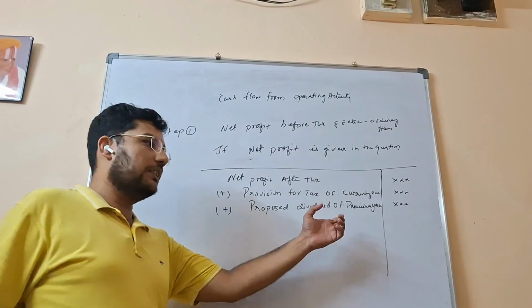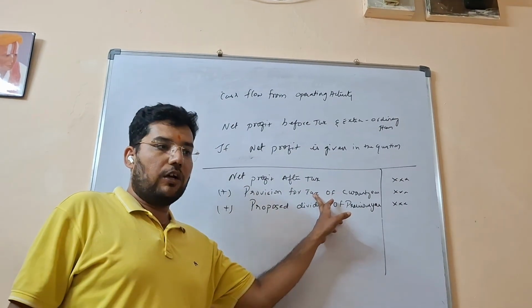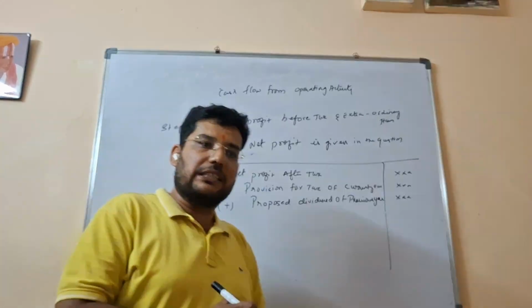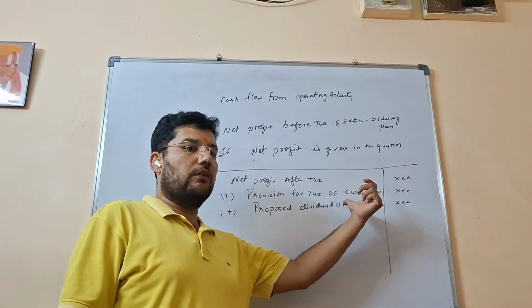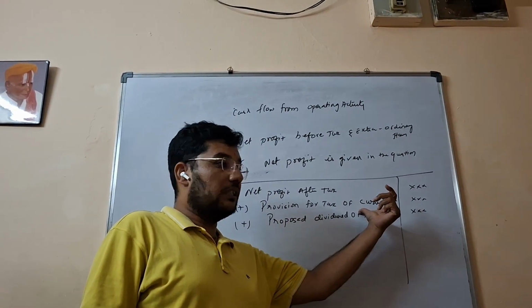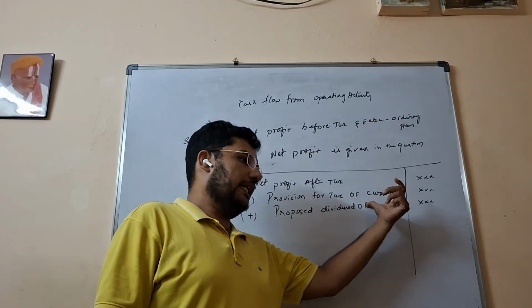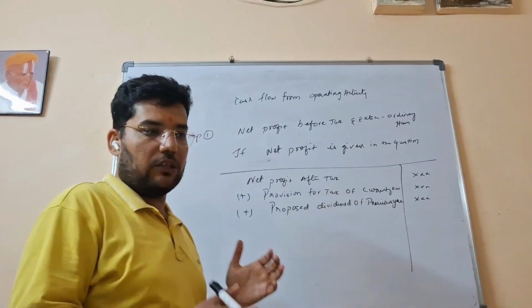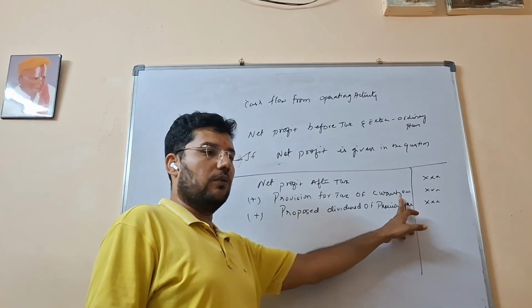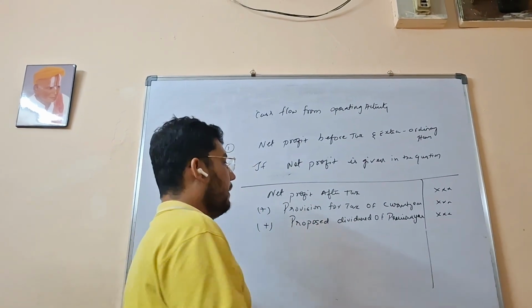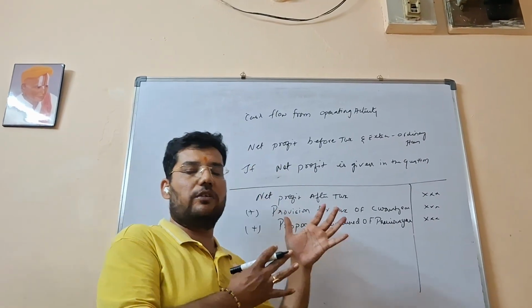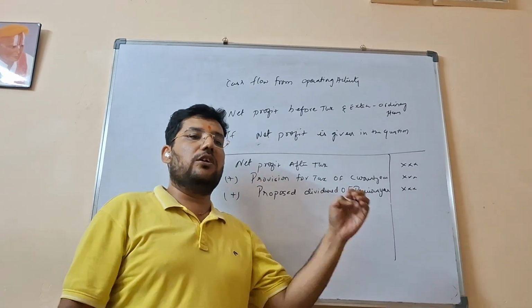Now why previous year and why current year? First of all, current year provision for tax: you are not going to pay this year. This is not resulting in outflow of cash. It is a future-related thing which we are not paying, not resulting in outflow. That's the reason we are adding. Proposed dividend of previous year, we are assuming whatever proposal you made last year, you are paying it.